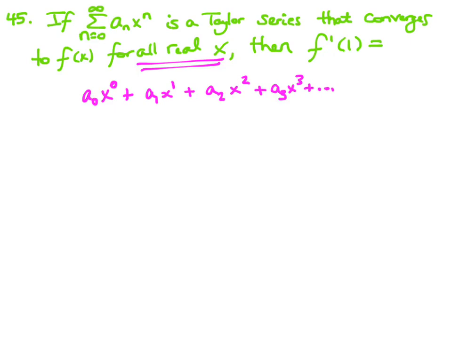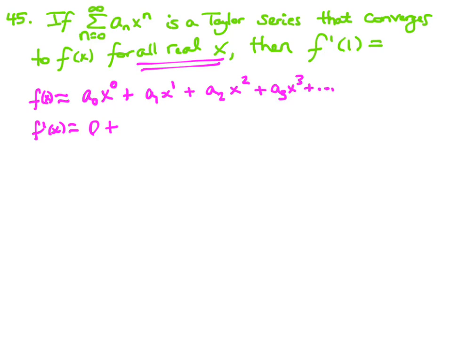So this converges to f of x. So if I find a derivative, this first term, x to the 0, is just 1, so this is a sub 0 times 1, which is going to be a constant, so that derivative is just 0.